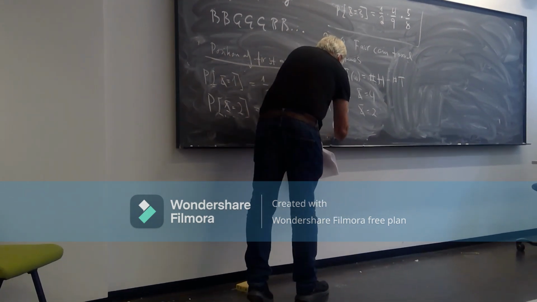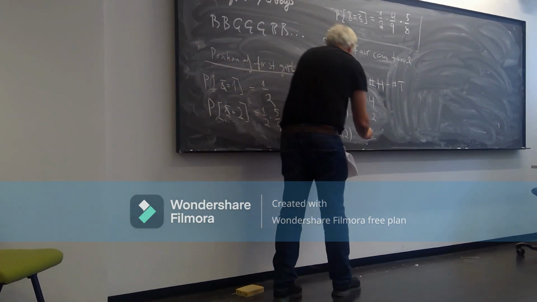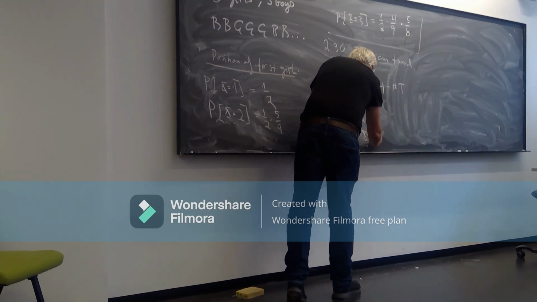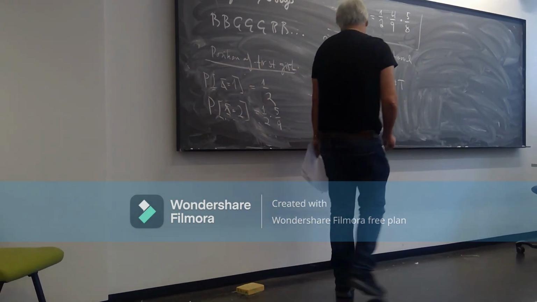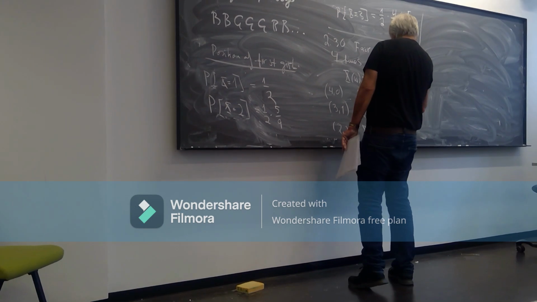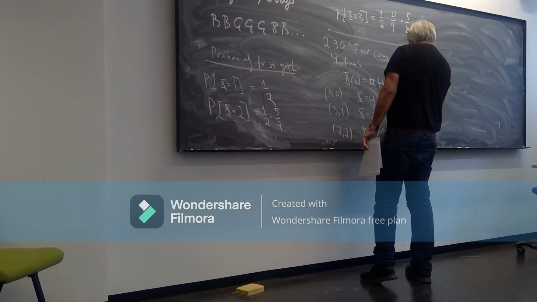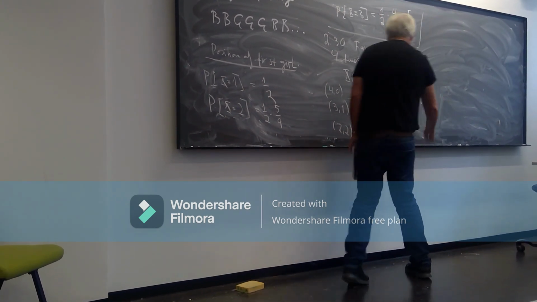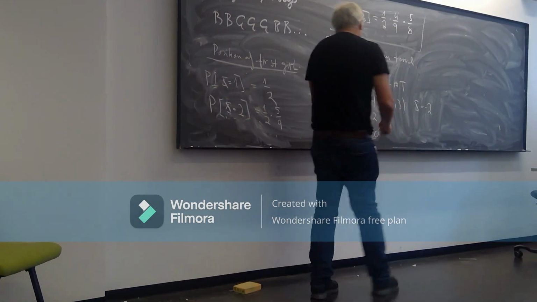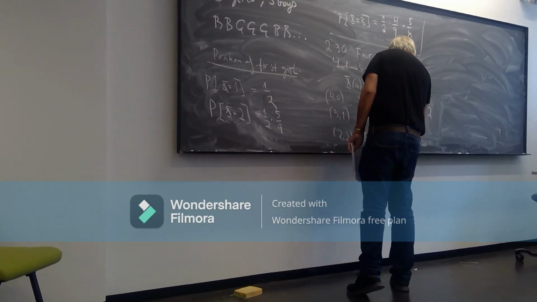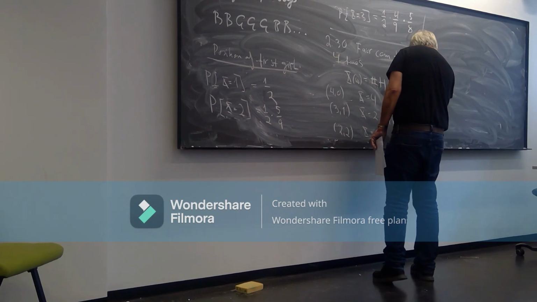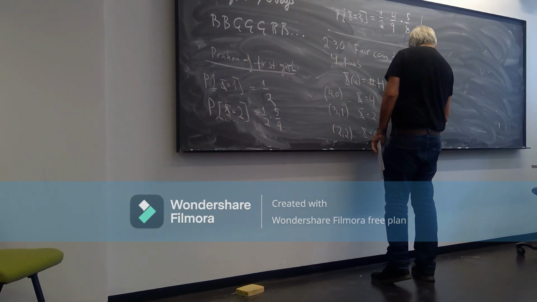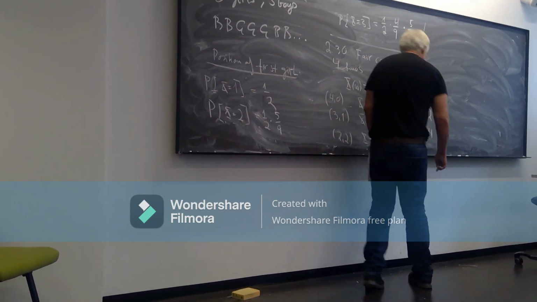You could have 2 heads and 2 tails, in which case X comes out 0. You could have 1 head and 3 tails, in which case X comes out minus 2, 1 minus 3. And you can have 0 heads and 4 tails, which means that X comes out minus 4.